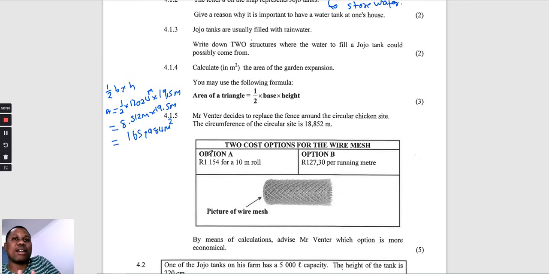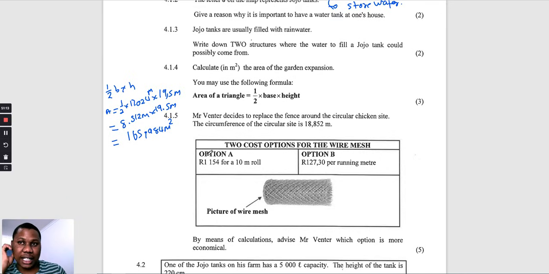Even if you need a distance of 5 meters, you can only buy a roll with 10 meters. You cannot find a roll with 5 meters. Then the other option is that they are charging you per meter, meaning that they are going to roll it for you, and they are selling it at 127.30 per running meter. They are not selling half a meter, they sell it in meters.